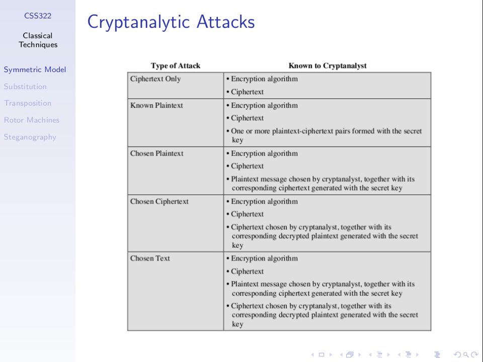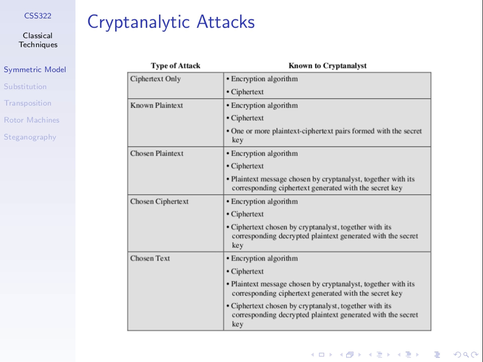Now the attacker intercepts this. Let's say the attacker is here. What do they know? In a ciphertext only attack, they know C1, they know the ciphertext. They know the encryption algorithm, E, and that's it. If the attacker can use this information and find K or P1, then that's a ciphertext only attack.